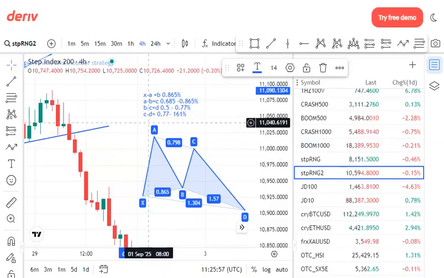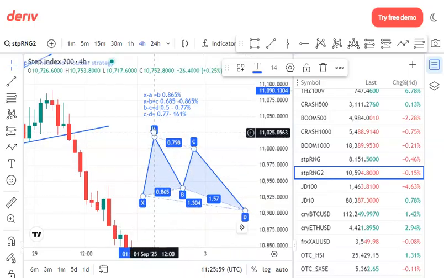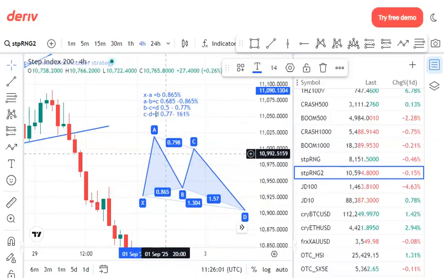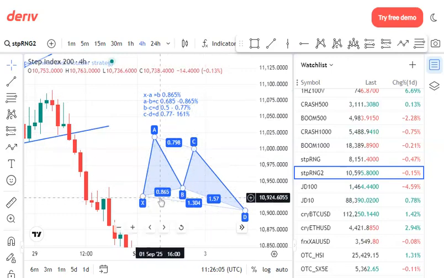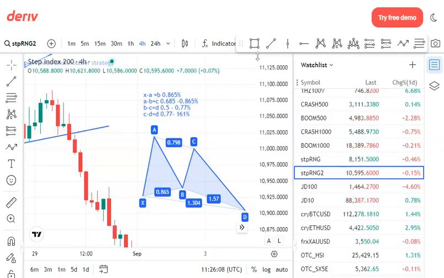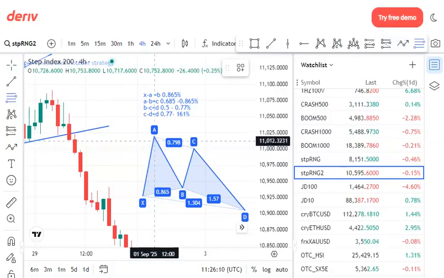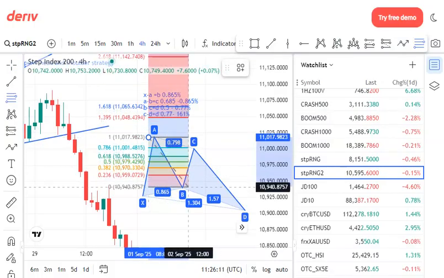And C to D equals D. So X to A equals B, and the B is 0.85. So A to B is my next calculation. That's going to give us the C, right?